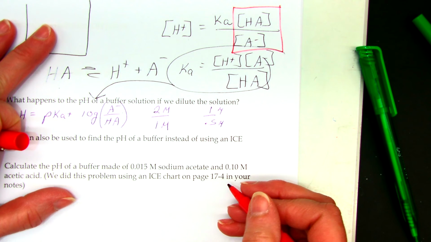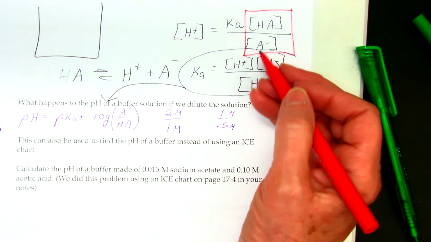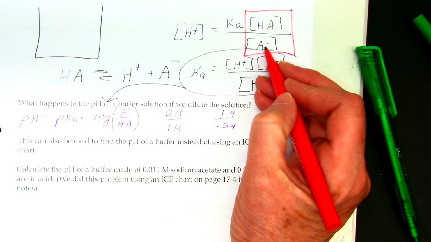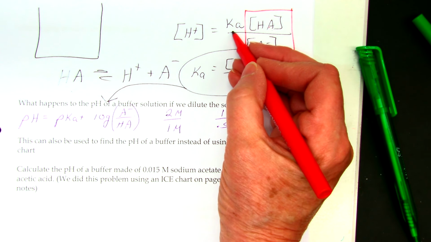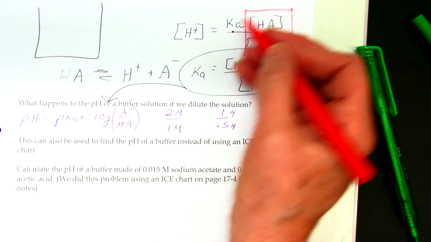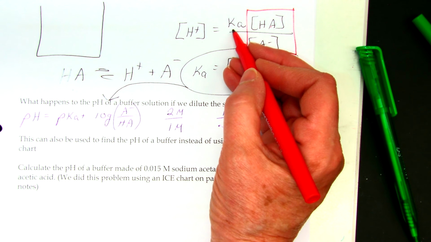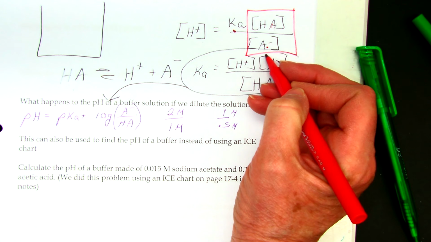Yes, mathematically. So mathematically, if you dilute this, the ratio stays the same. Ka is a constant, right? Yes. So the hydrogen ion concentration is equal to Ka, which is a constant, times this ratio.